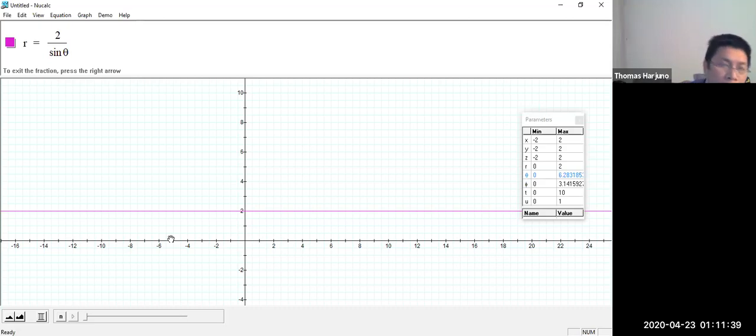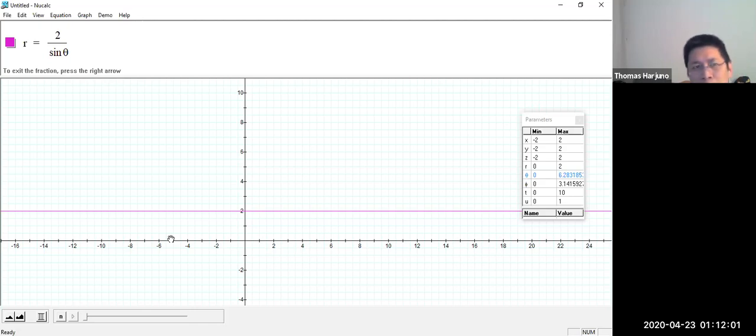So if r as a polar function depends only on sine theta, then it is symmetric with respect to the y-axis. If it depends only on cosine theta, it will be symmetric with respect to the x-axis. Okay, those are two things nice to know.